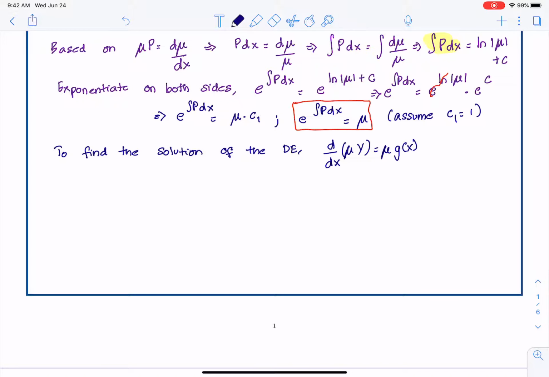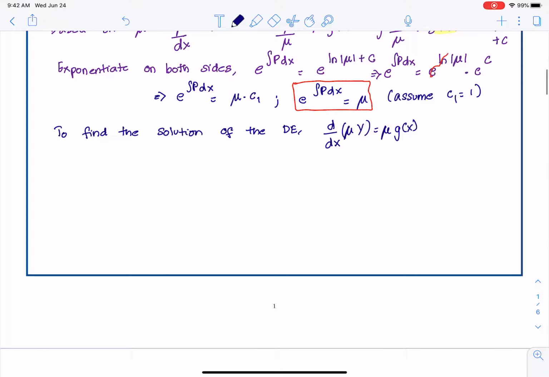I'm going to plug in the value of mu. So I would have d over dx of e raised integral p dx times y equals mu times g of x. So here, y is dependent on x.